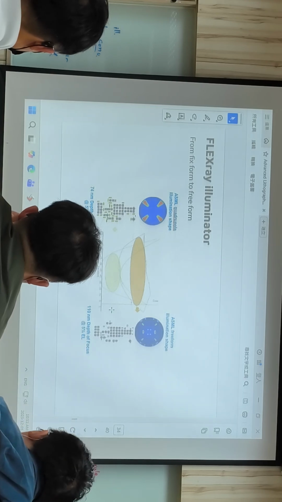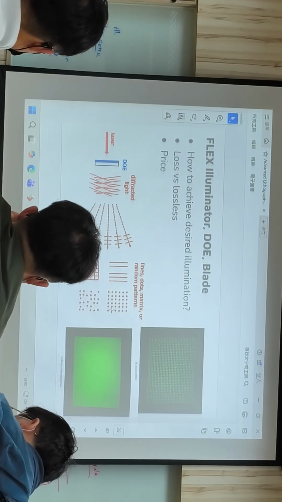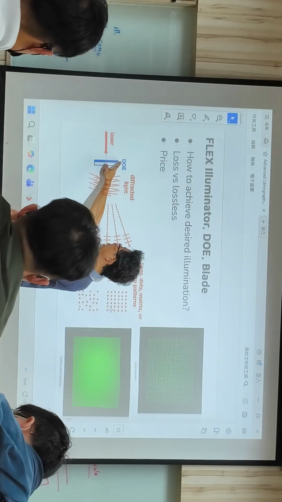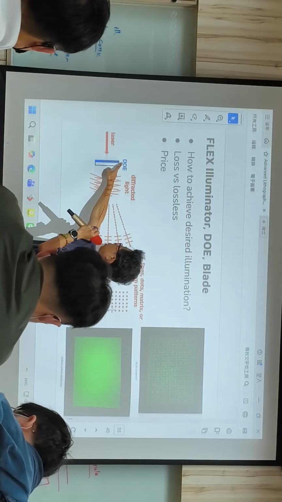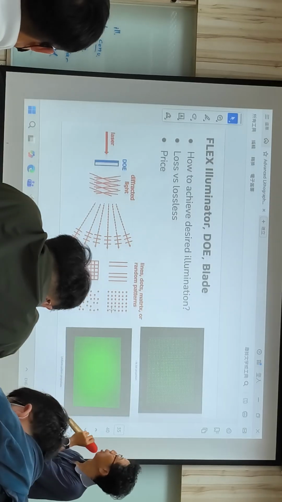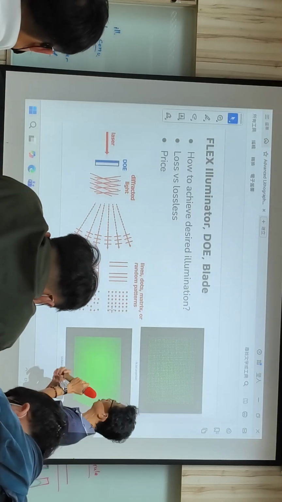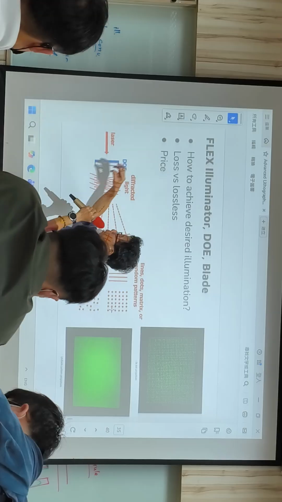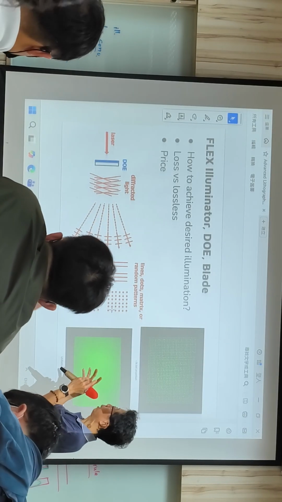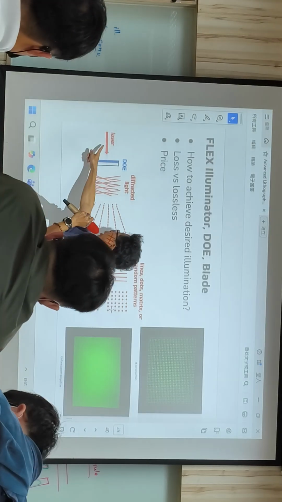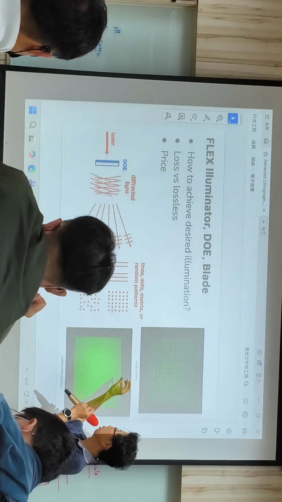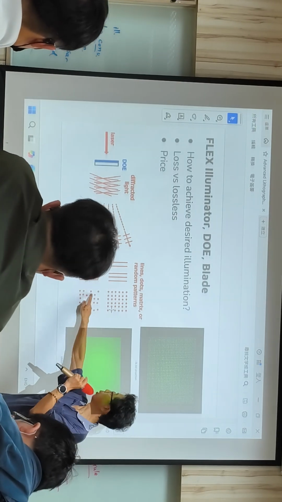And second phase, they do a DOE. Okay. They call it diffractive optical element. Because previously it's lossy, right? You drill a hole, only light goes through that. Second, they do a DOE and have the laser go through that and produce the light as you want.